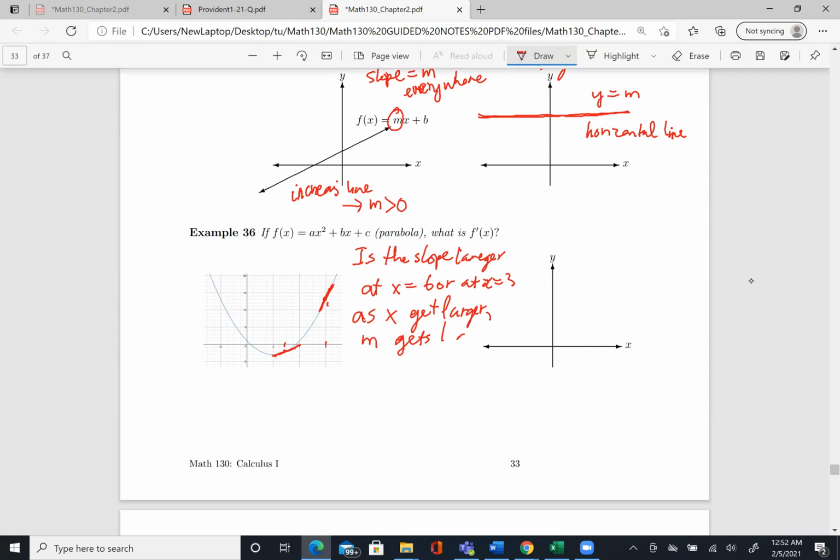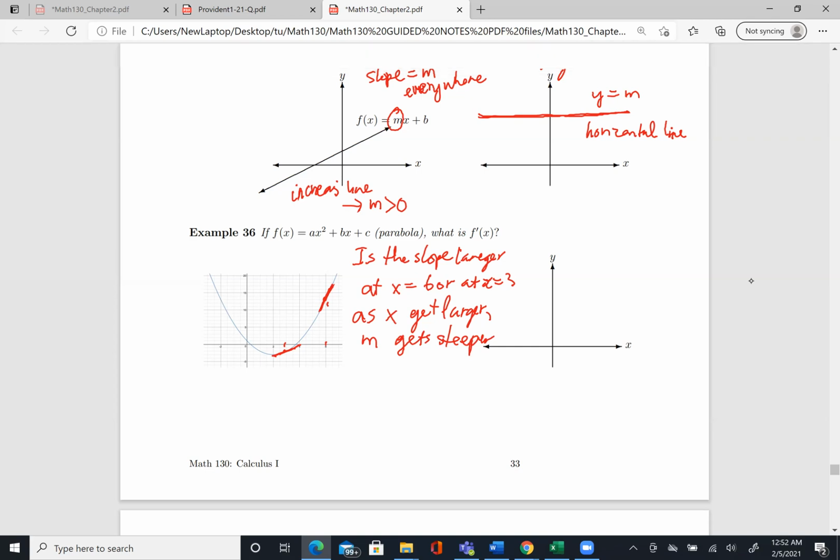Sorry, I should say steeper, because later on I also want to check. So then the slope has a larger number. Okay.